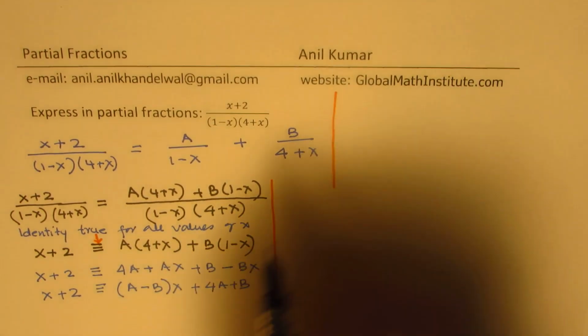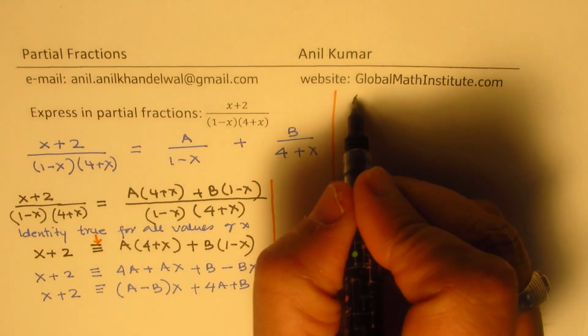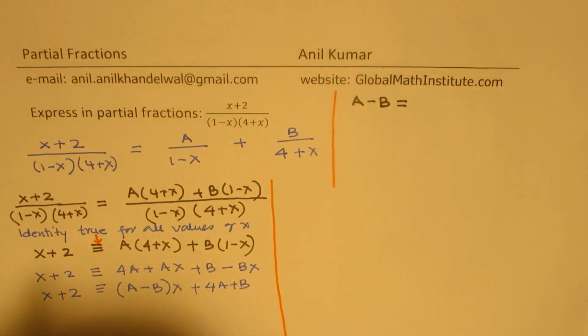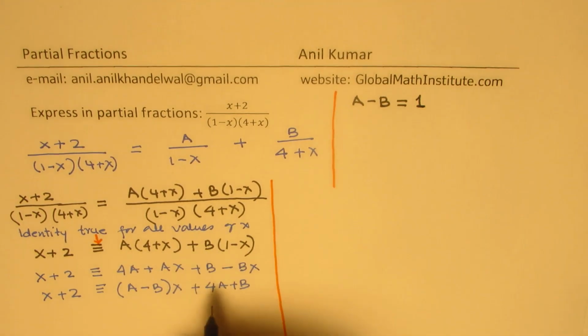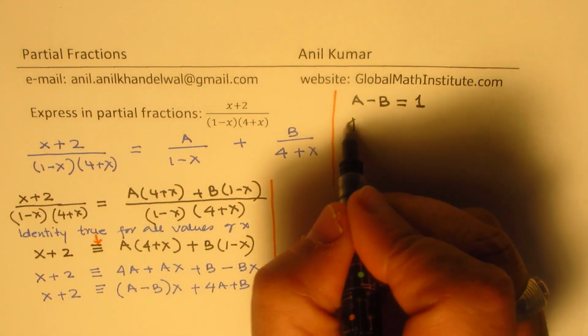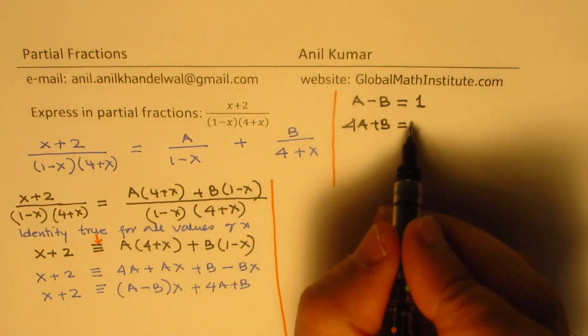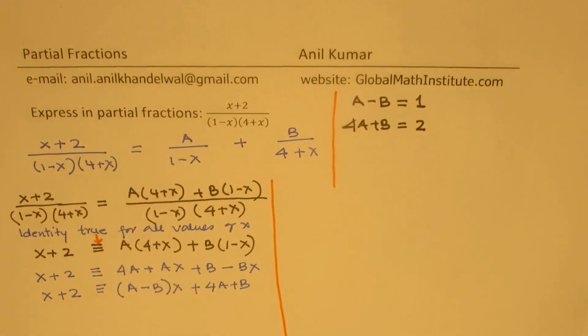So this is true when a minus b is basically equal to the coefficient of x, which is 1, and 4a plus b is equal to 2. So that is how we get two equations from which a and b can be calculated.